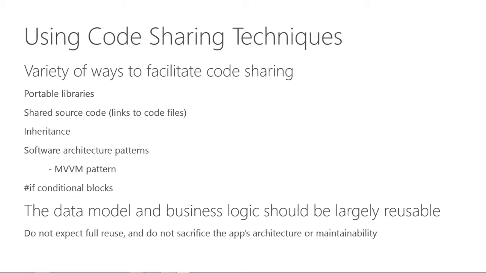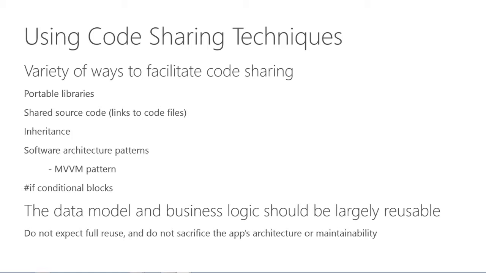We're going to go into these in a lot more detail in the final session of the course today, but things like portable class libraries, sharing of source code between projects and solutions, inheritance, and software patterns like MVVM, which I talked about earlier. And then I would say, almost as a last resort, conditional blocks. We'll talk about all of those later.